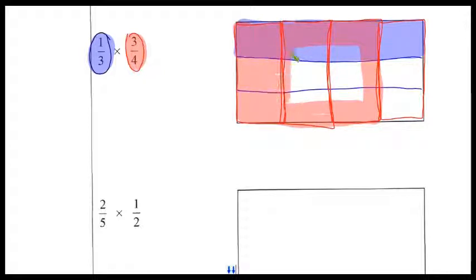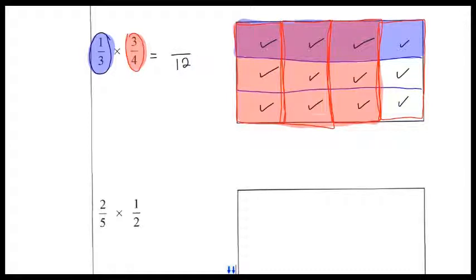You can kind of already see what's happening. Parts are going to be double shaded. That's going to be my answer. How many double shaded out of 12 parts total?